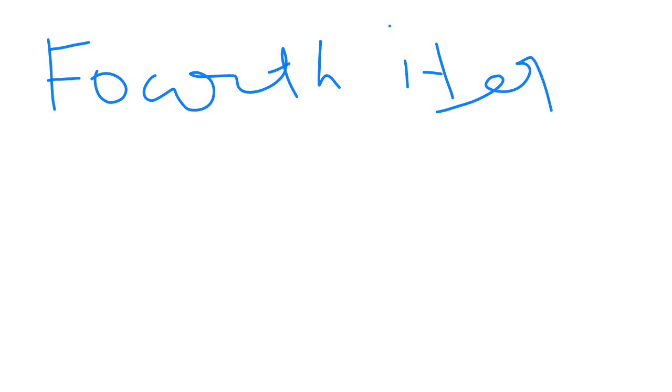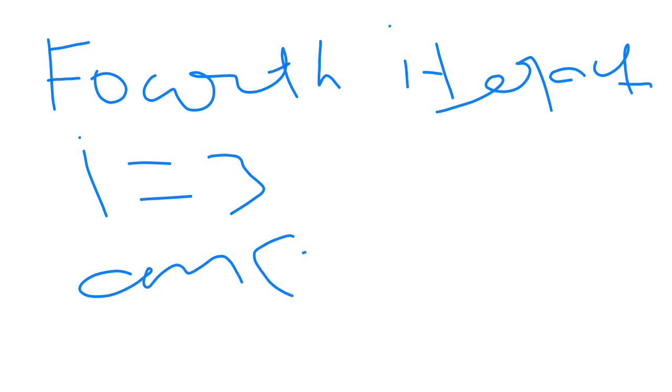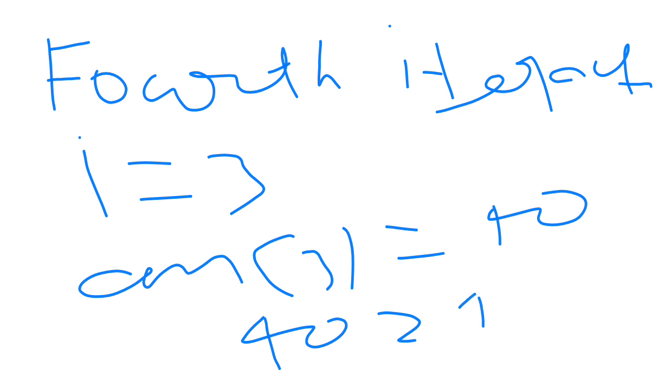Fourth iteration: i is equal to 3, array value 40. 40 is equal to 40, a match.